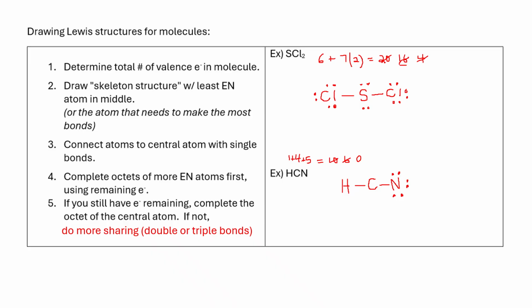So the question we're trying to take care of here is, how do we get carbon more electrons without taking away from nitrogen, right? Of course, we can't take away from hydrogen because it only has 2, but we could potentially do a little bit more sharing here.